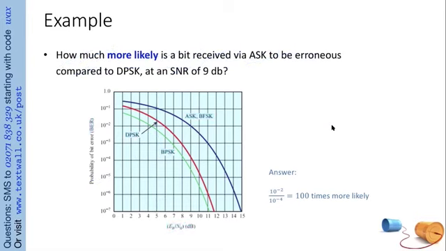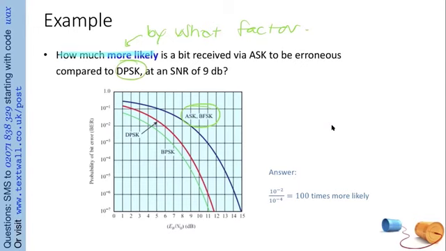Now, the question is actually a numerical one. How much more likely? That means by what factor? So how much more likely are we to receive a bit in error using ASK compared to DPSK?